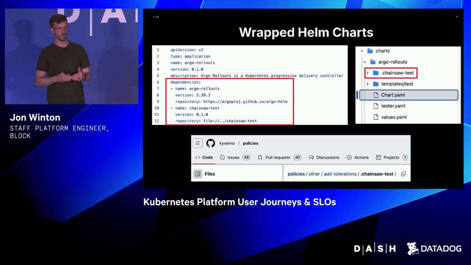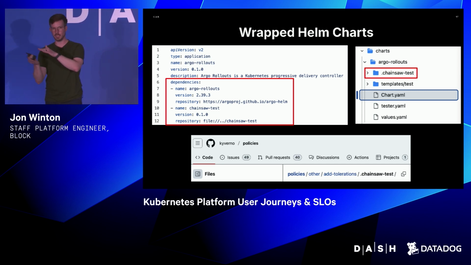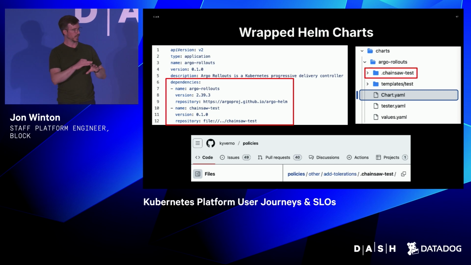But really, what we've done, and this is all in the demo repo, is that we have a library chart, which is just a set of helper functions that can provision a lot of these testing resources for you, and they know how to interact with this directory structure. I talked about it before, but for Argo rollouts, we put a chainsaw test hidden directory in the Argo rollouts chart, but our chainsaw test chart that's in that repo, it knows to look for that directory structure.